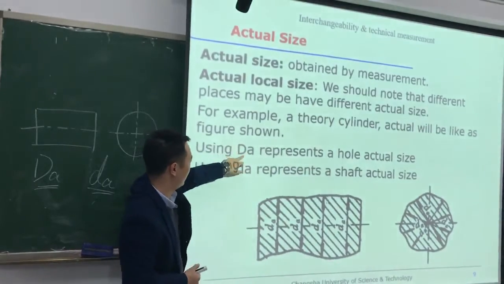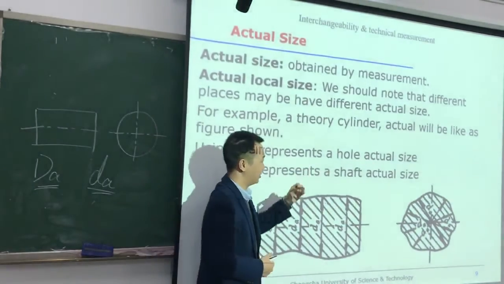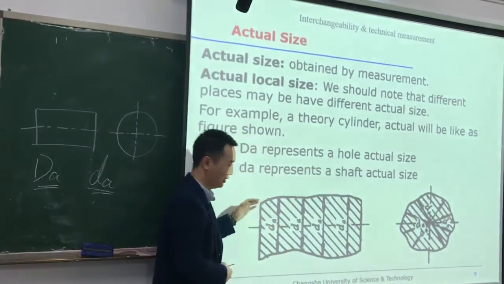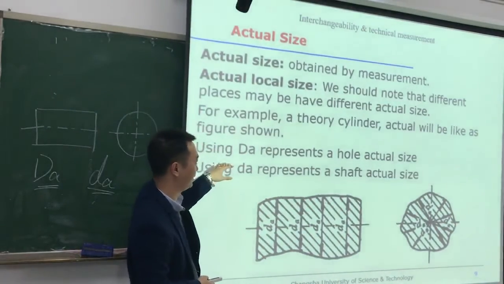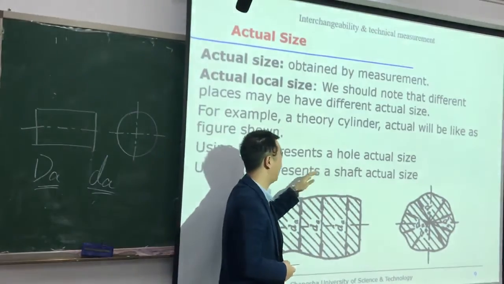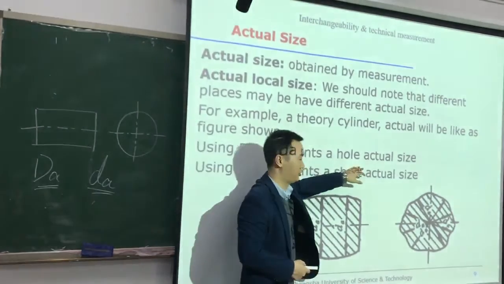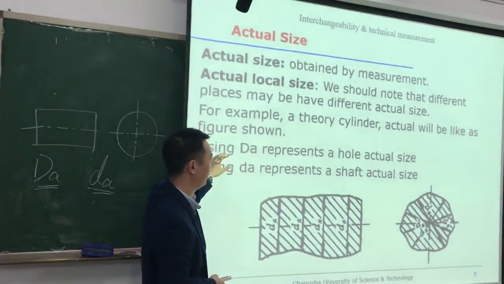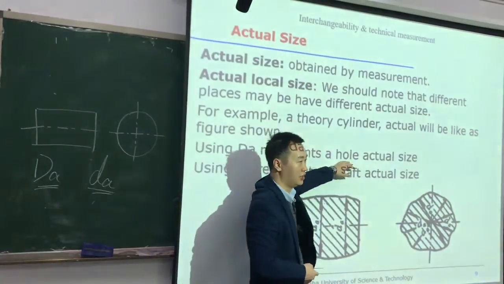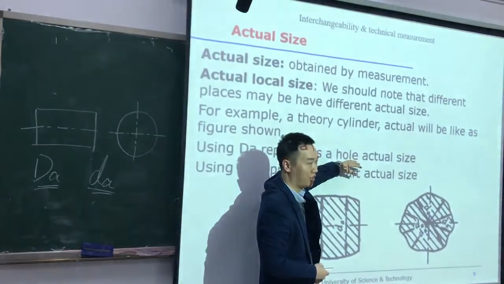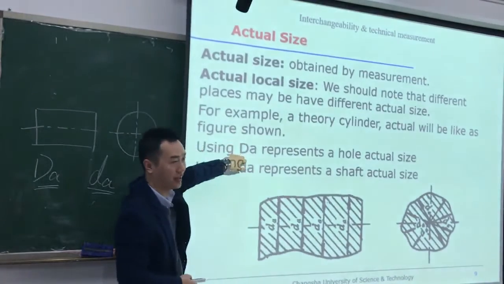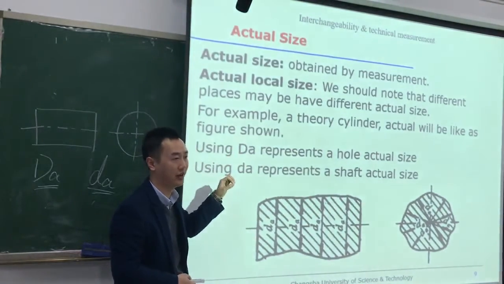And when we talk about the sizes, this is the symbol for the hole's actual size, and we will have different symbols for the hole. When it is associated with the hole, we always use a capital letter.